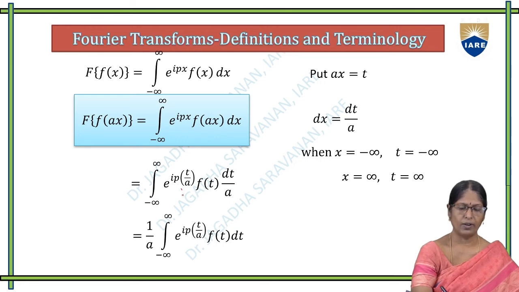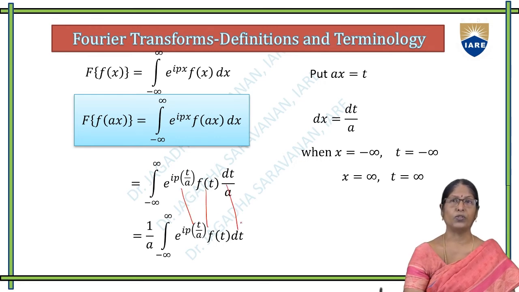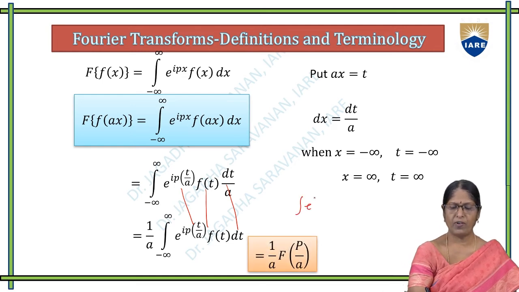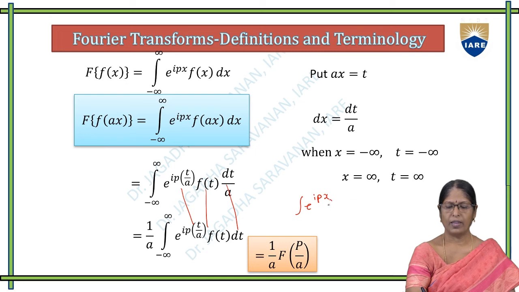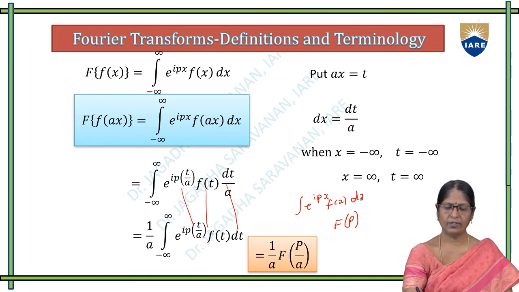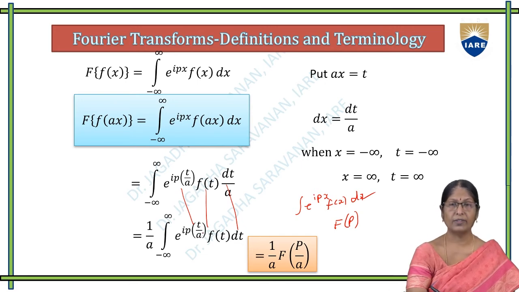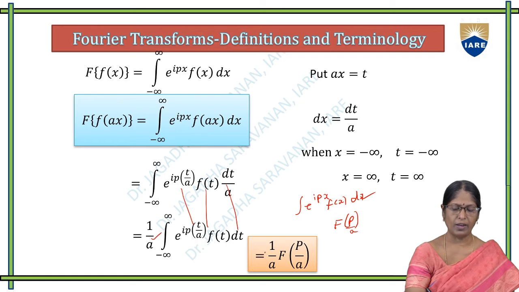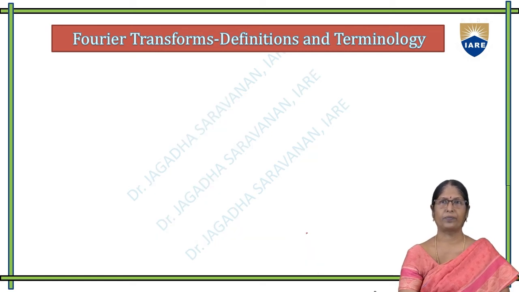The remaining part we can see as it is: integral of e power ipx, f of x dx, which we write as f of p. This is in terms of x, but ours is in terms of t, so in place of t we write p by a. The 1 by a is written as it is.